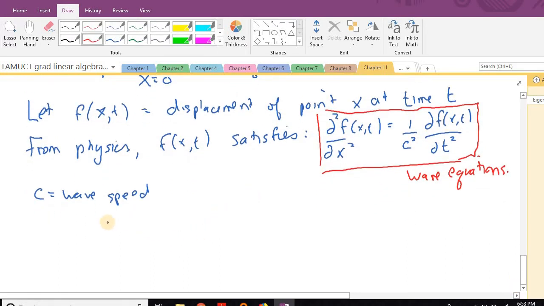So let's see. We know from experience, well, let me make it blue again, that you can get a solution that looks like this.